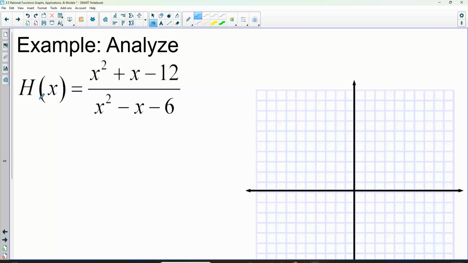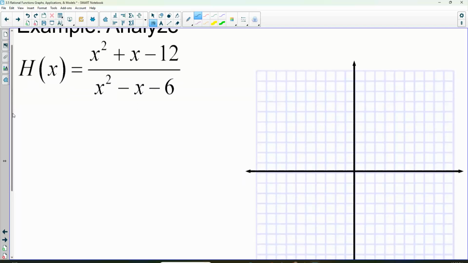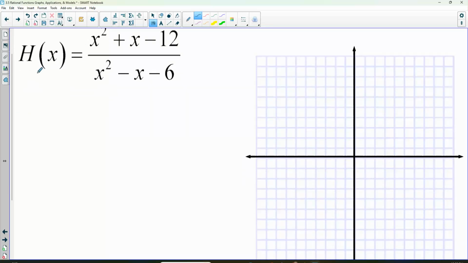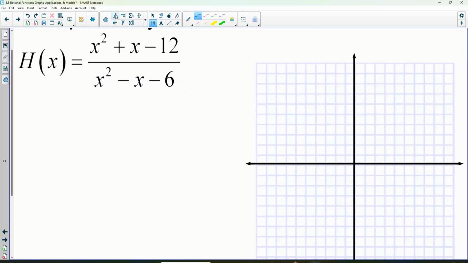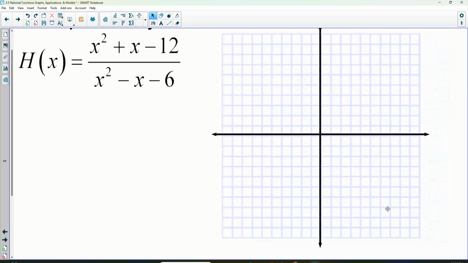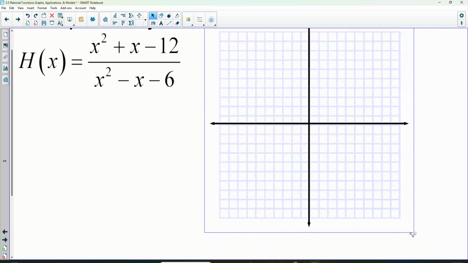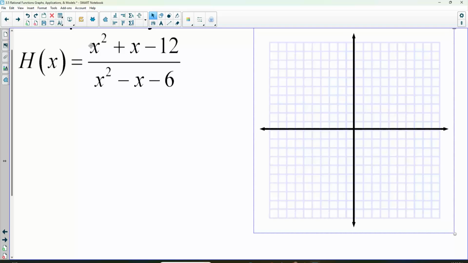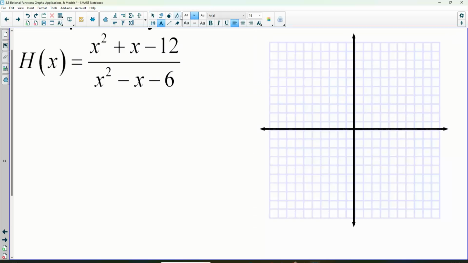Let's try them. So first step, we factor. Top would factor into x plus 4, x minus 3. Bottom factors into x minus 3, x plus 2.